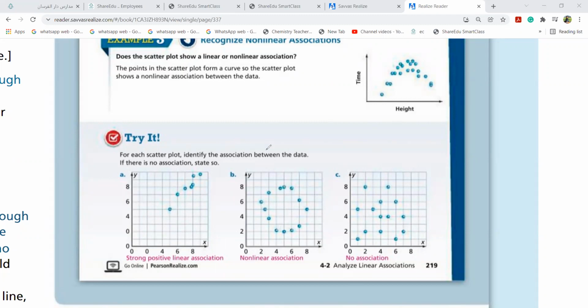And again, now here, when you see the first one, if I try to draw a middle line, I try to draw a middle line here. Let me draw a straight line and see.